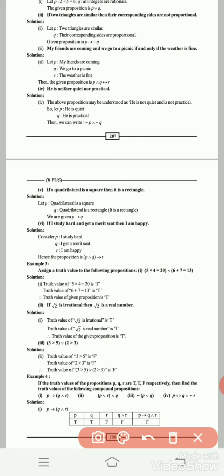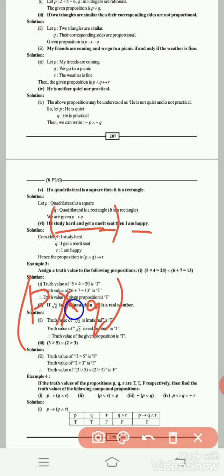Now see here, if. This is the first statement. If I study hard and get a merit seat, then I am happy. See here, P statement and Q, and means conjunction.